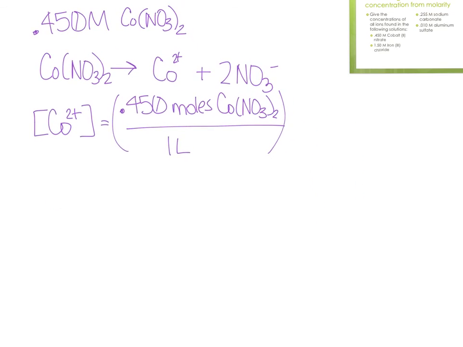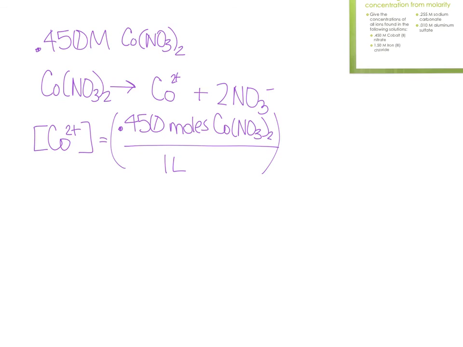But I don't want to talk about it in terms of Co(NO3)2. I just want to talk about it in terms of cobalt. Well, in this case, I know that for every 1 mole of Co(NO3)2, how many moles of cobalt ions do you have? 1. Very good. 1 mole Co2+.